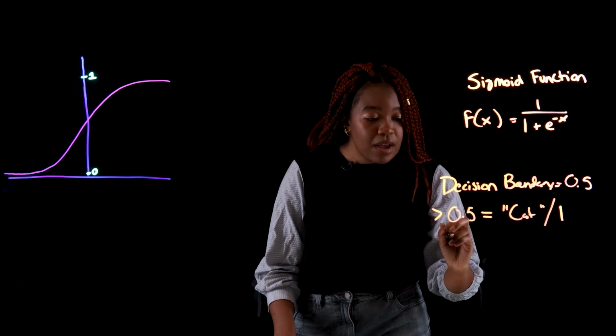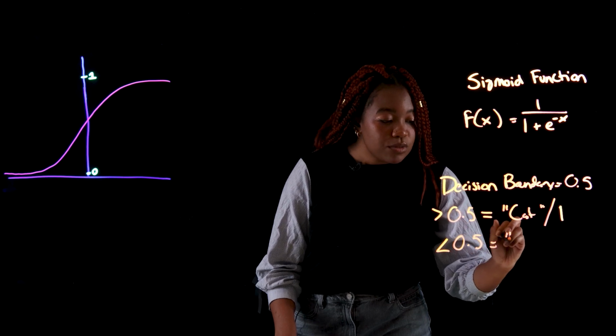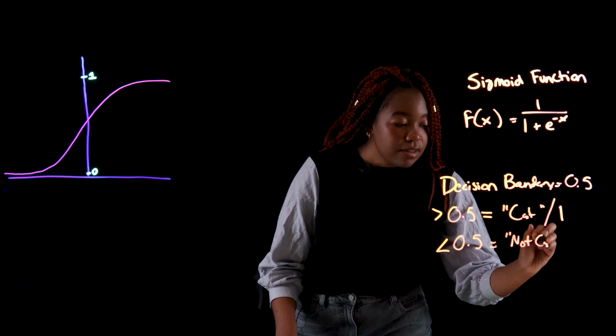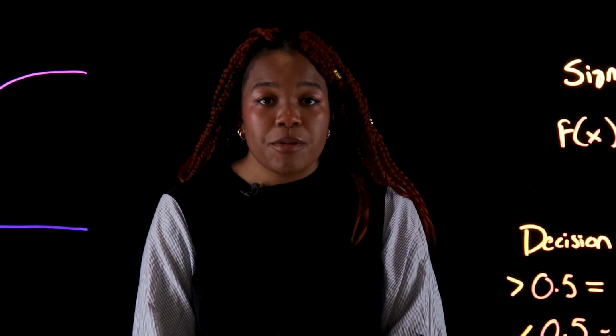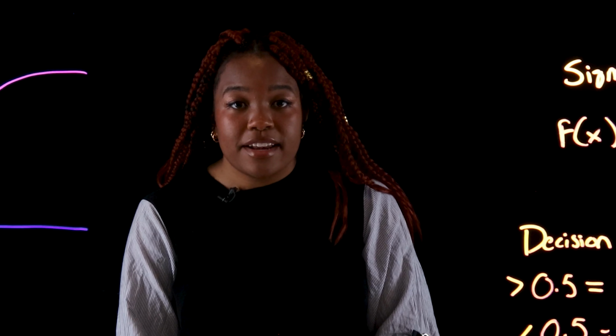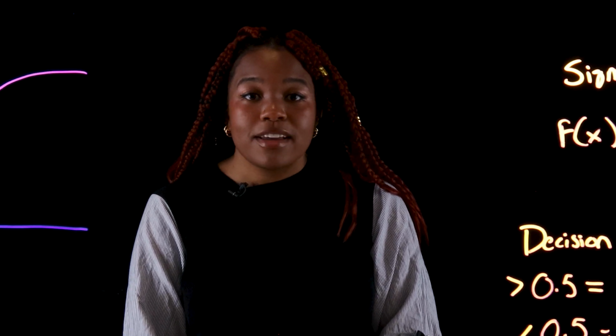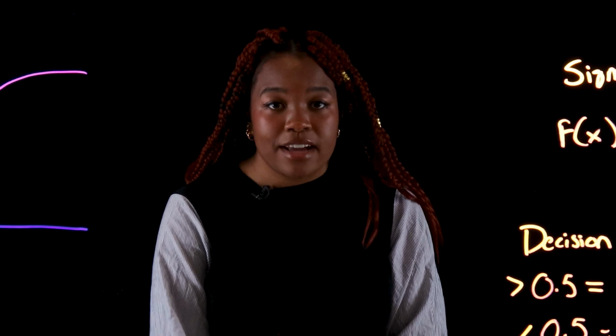But for any probability that is less than 0.5, it will be in the not cat category, or 0. Thus, the closer the predicted value is to 1, the more likely it is to be in the cat category. Or, in other terms, that is how likely it is predicted to be a cat.